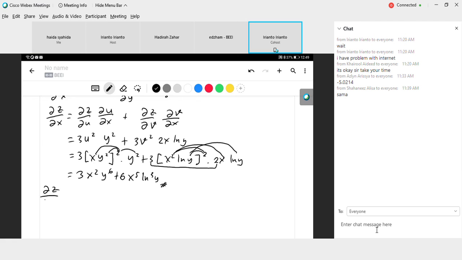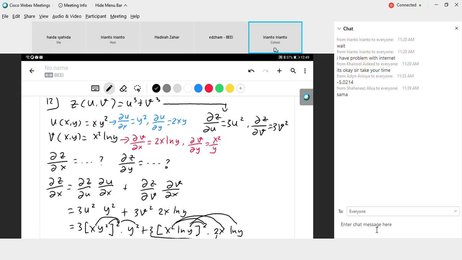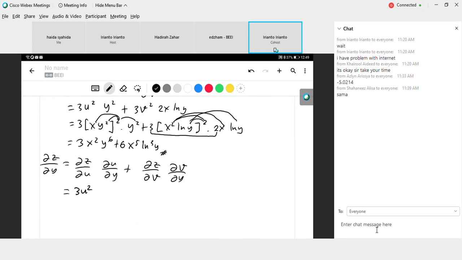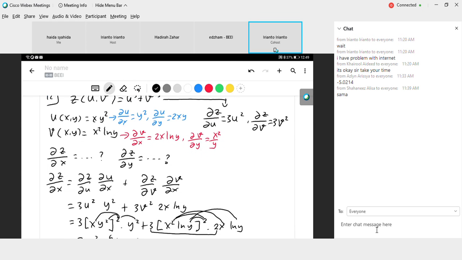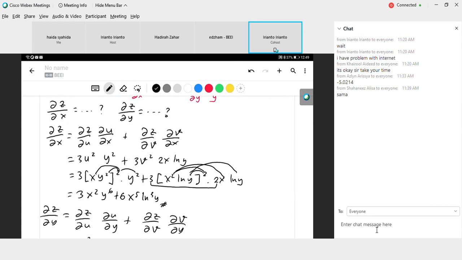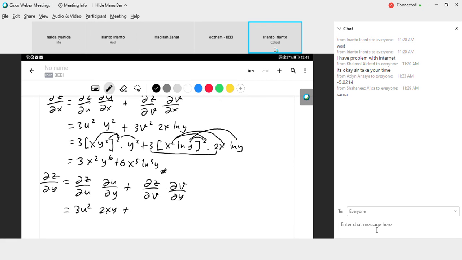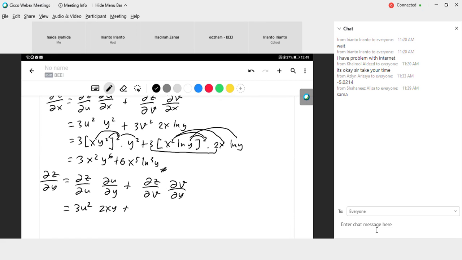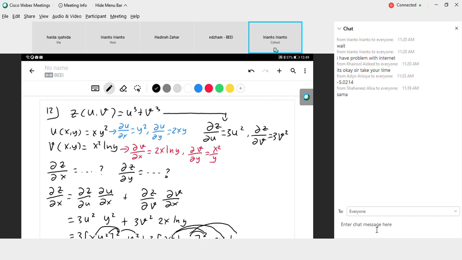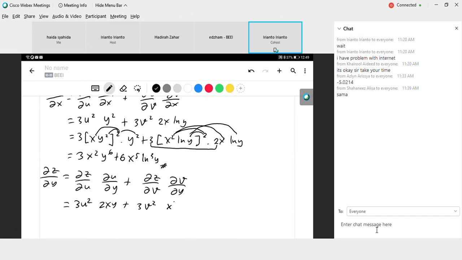Partial derivative of z with respect to y. We only have z with respect to u and z with respect to v, so the u will be u_y, v will be v_y. Plus, okay, z_u is 3u squared, u_y is 2xy, plus z_v is 3v squared, v_y is x squared over y.